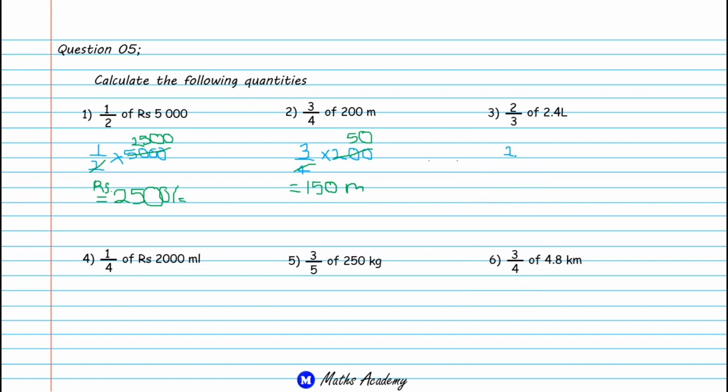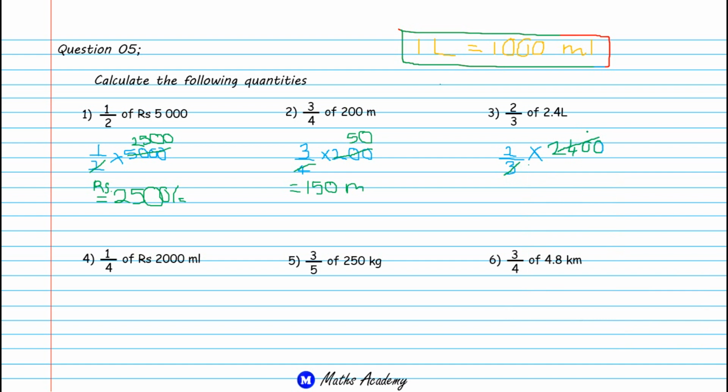Third question. 2 over 3 of, where "of" means multiplication, and in this it's a decimal value, so you can convert liters to milliliters and do the calculation. So 1 liter equals 1000 milliliters. Using this we can calculate.